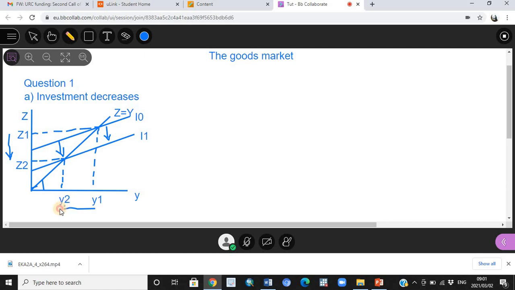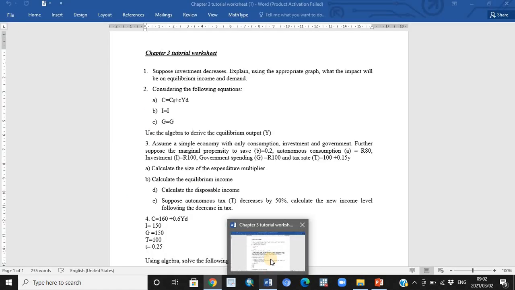This can happen for investment, as we are analyzing here, but also for consumption, government spending, and for example exports as well, depending on what kind of economy we are dealing with. So this is what we are asked to do in question 1 activity A. Moving on, we will see the second one.